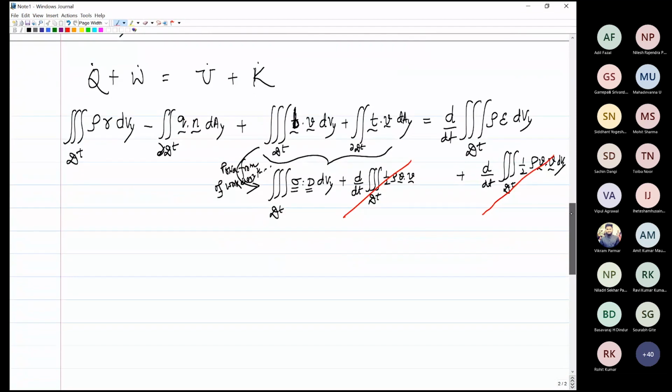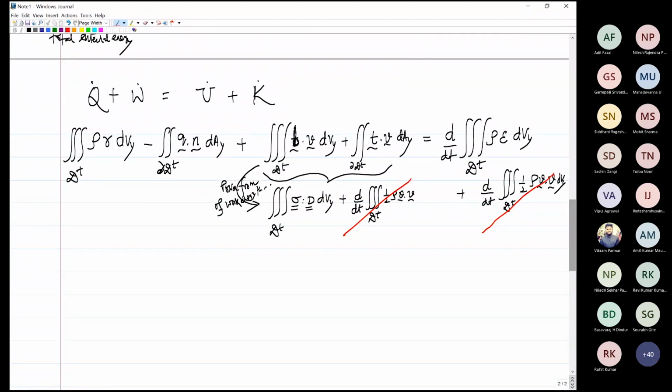Okay, now what do you think should be done? We want to come up with a local form of the first law of thermodynamics. This is the global form. Now we want to come up with a local form. So we have to move this d by dt inside and convert this into a volume integral.